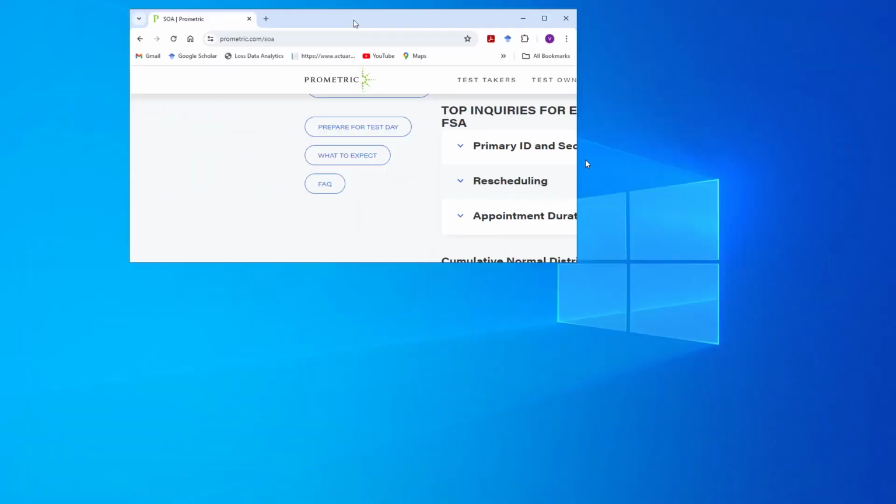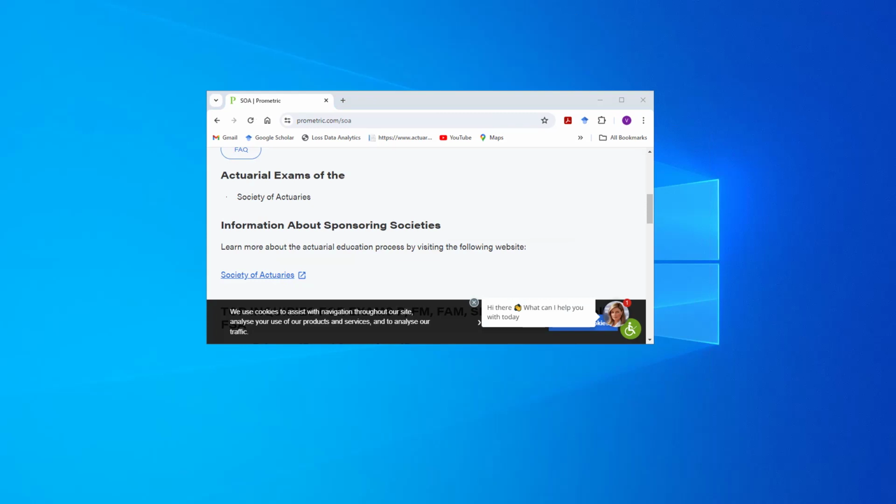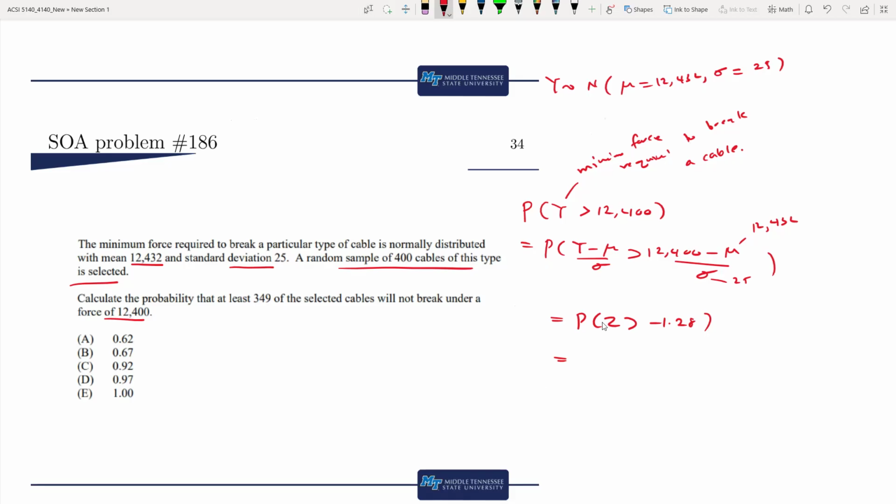So more than that is going to be 0.9. So that's the probability that the cable does not break under the force of 12,400. So what's the probability of that? That's 0.9.